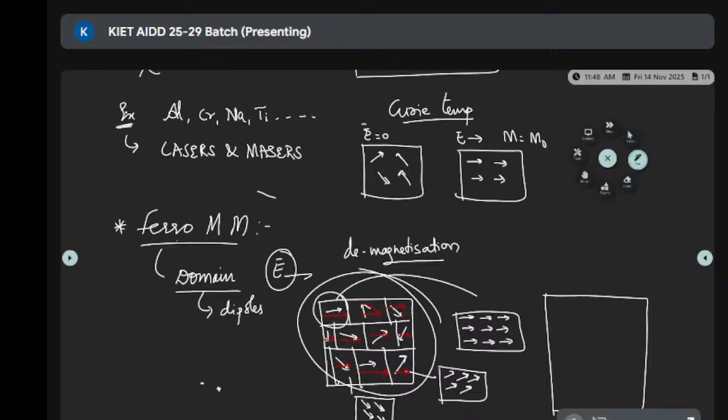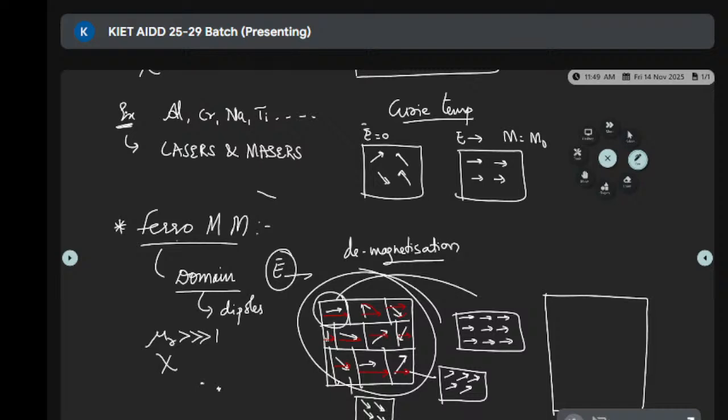So where do we find this? Ferromagnetic in the absence of external field, regular orientation. Remaining rotate; already if it is in the direction, its size is going to increase. Diamagnetic substance: negative.